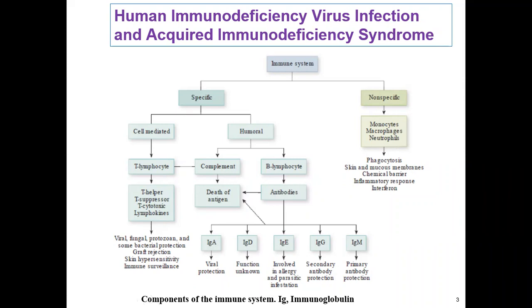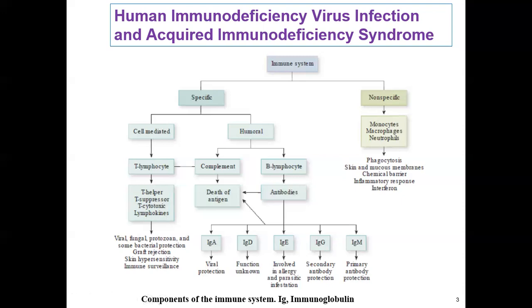There are 5 types of antibodies: immunoglobulin A, immunoglobulin D, immunoglobulin E, immunoglobulin G, and immunoglobulin M. Easy way to remember: GAMED. Cell-mediated is by T lymphocyte, and the types of T lymphocyte: T helper, T suppressor, T cytotoxic, and lymphokines.